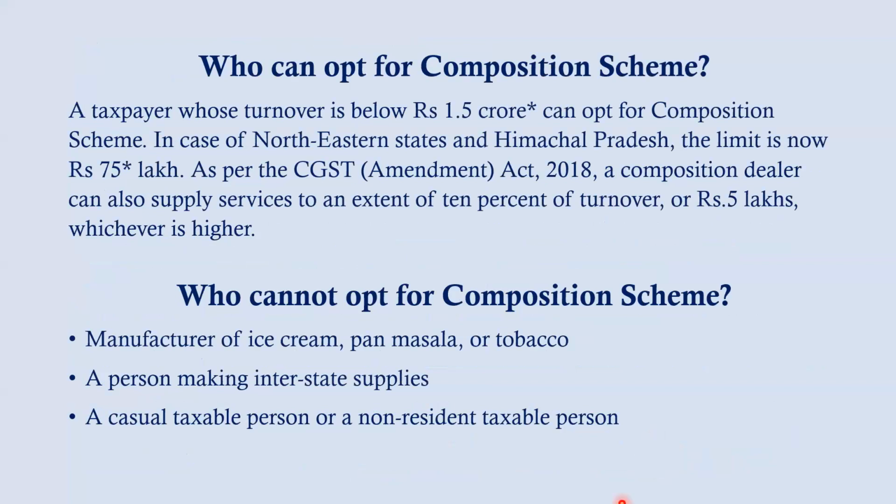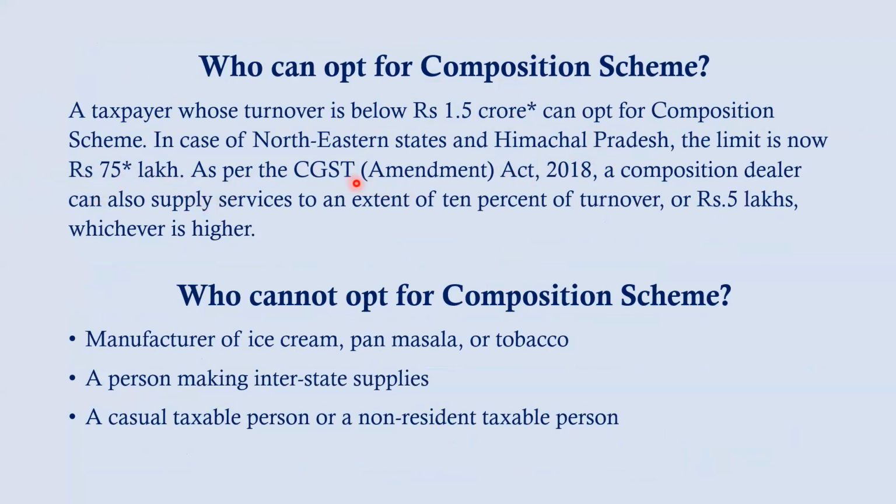Now the question is, who can opt for the composition scheme? Whose turnover is below 1.5 crore can opt for the composition scheme. In case of the northeastern states and Himachal Pradesh, the limit is lower, that is rupees 75 lakhs.